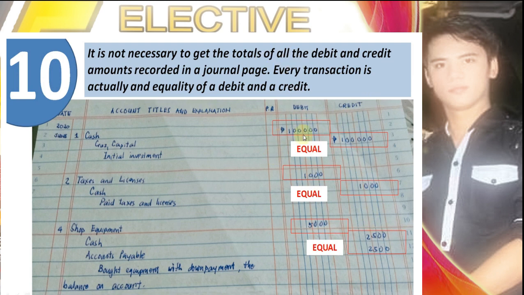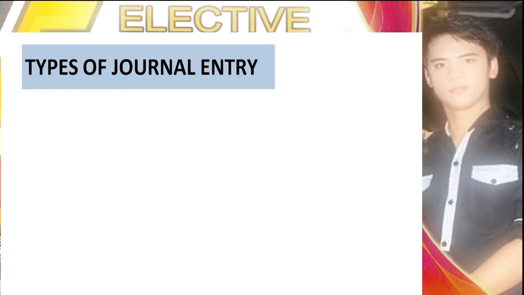We don't need to total the debit and credit because when we make every transaction, we ensure that debit and credit are equal. In double entry bookkeeping, both should be equal. So, 100,000 and 100,000, 1,000 and 1,000, 5,000, then 2,500 plus 2,500 is 5,000. They should be equal, so we don't have to add the totals of the debit and credit.